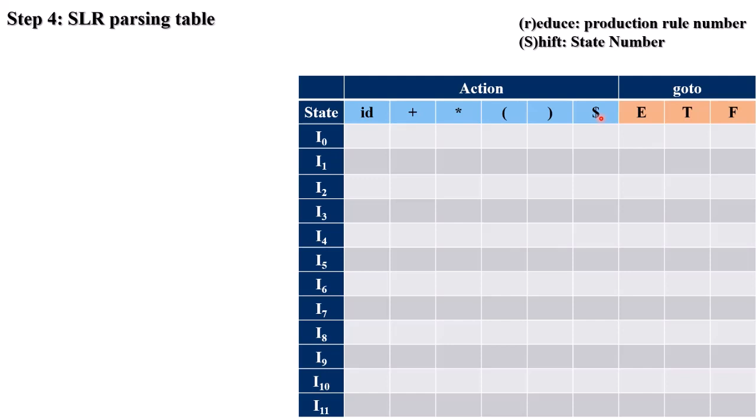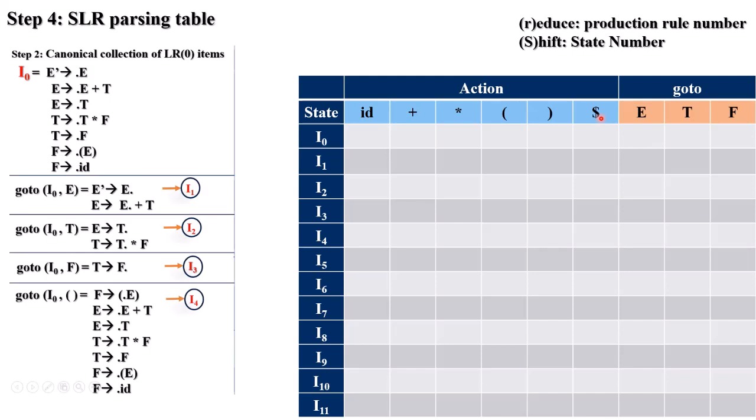So for filling this table, we have to see our canonical collection of LR0 items. You have to check only the goto operation. First, what do we do here? We do I0 of E, and what we get? I1.